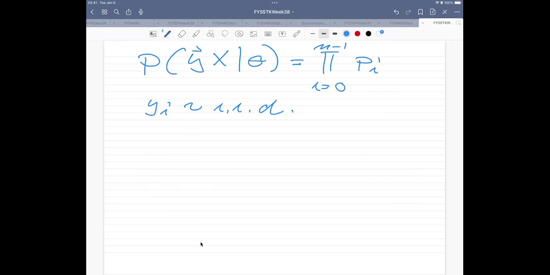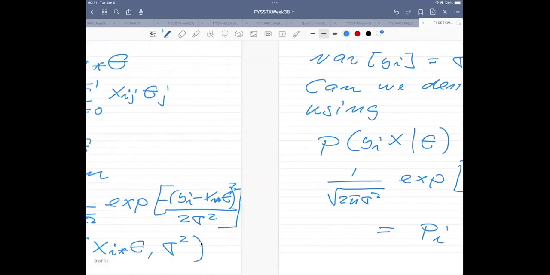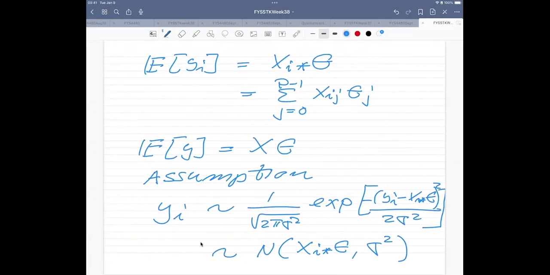They are identically distributed because they follow the same distribution. So every y follows a normal or Gaussian distribution. But the average is something which we already have calculated for every y_i.